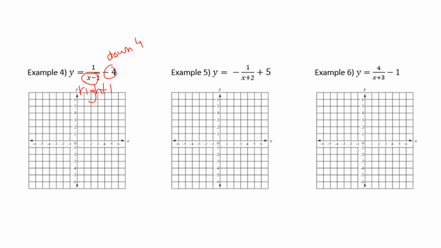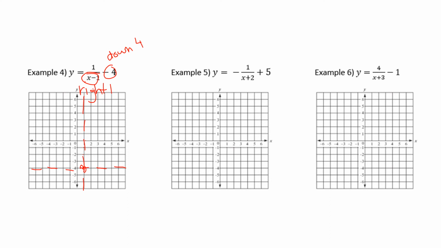So instead of starting at 0, 0, I'm going to go to the right 1 and down 1, 2, 3, 4. It's going to be centered right here. And right there I'm going to draw my horizontal asymptote through that point, and my vertical asymptote through that point, indicating those with dotted lines, because remember, an asymptote is an imaginary line that the function approaches but never quite reaches.